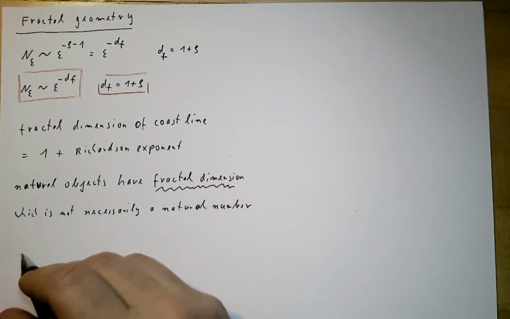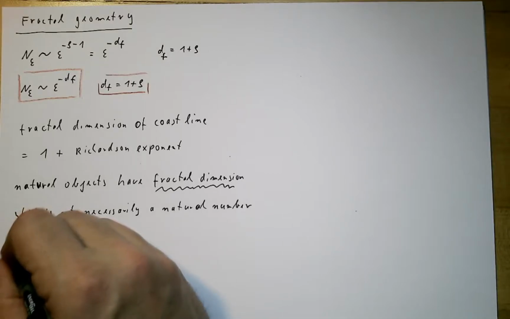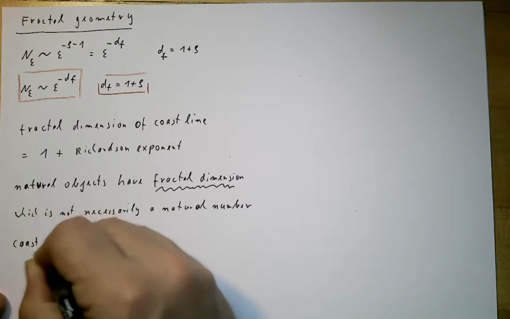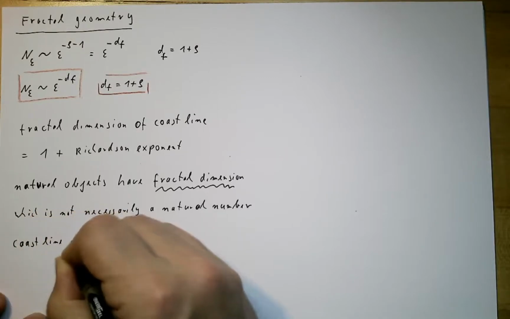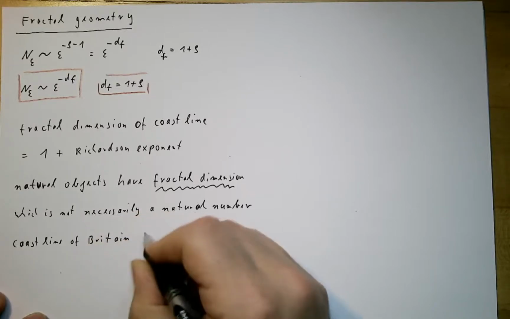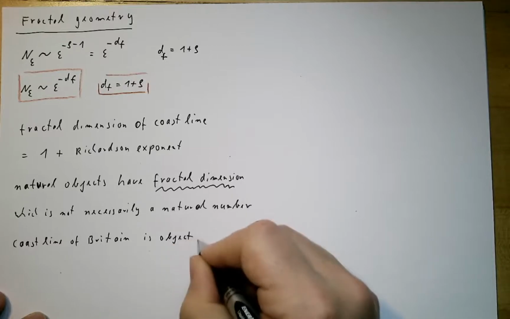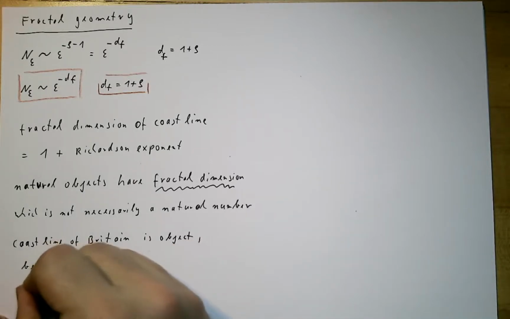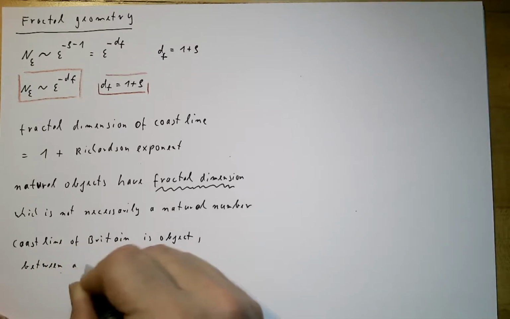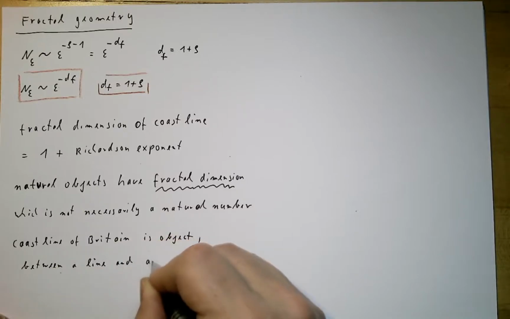So the coastline of England or Britain is an object somewhere between a line and an area.